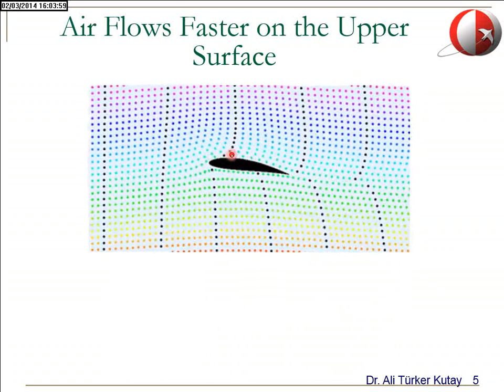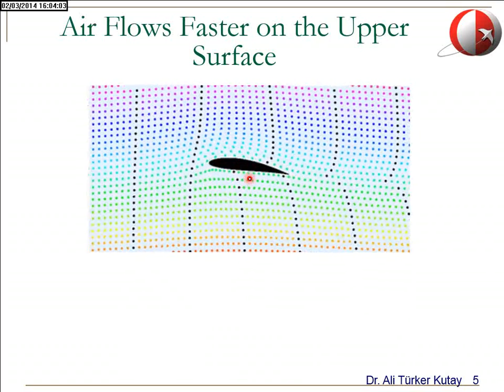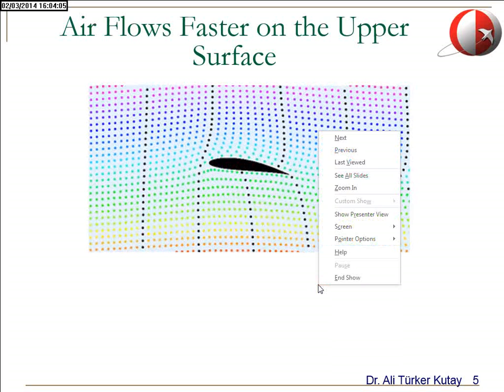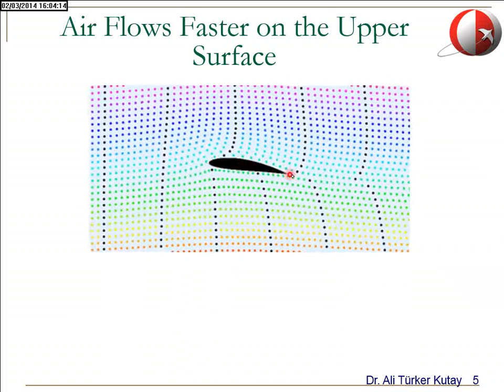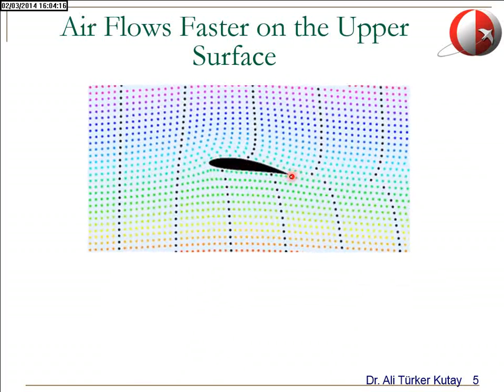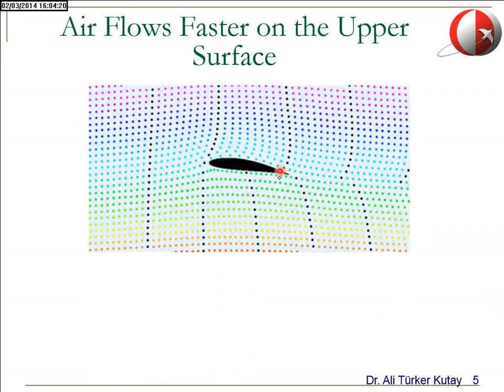They are moving in parallel, but as they approach the airfoil, watch what happens to this one going above the airfoil. These two were moving in parallel, but now this one has gone past the airfoil, whereas this lower one is still close to the airfoil.